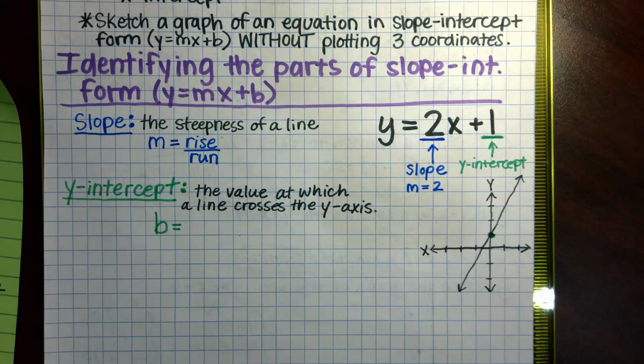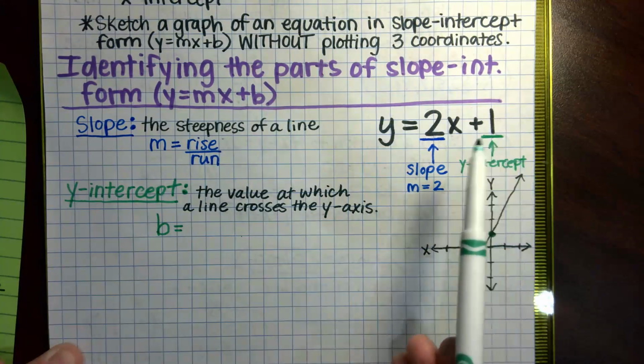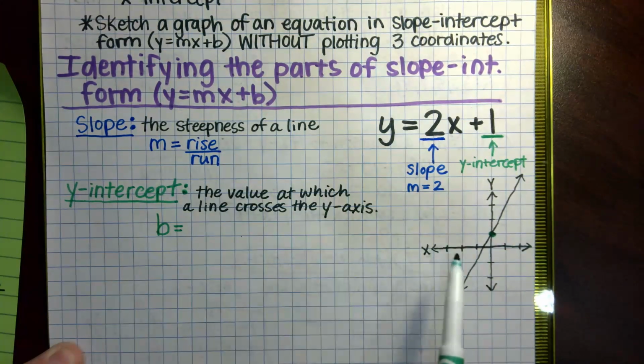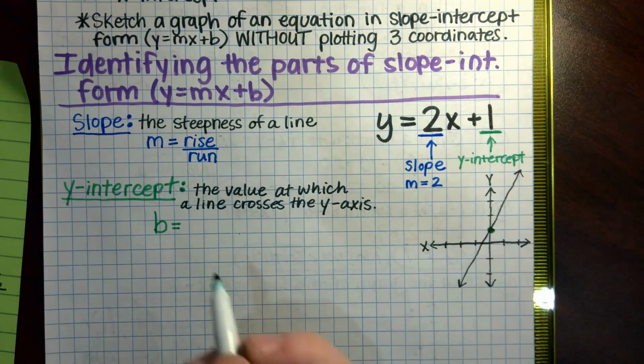Our y-intercept is b in this equation. I wish it was x or y, that would make more sense, but it's not. It's that number at the end. It tells us where it crosses the y-axis, where that point is going to be.